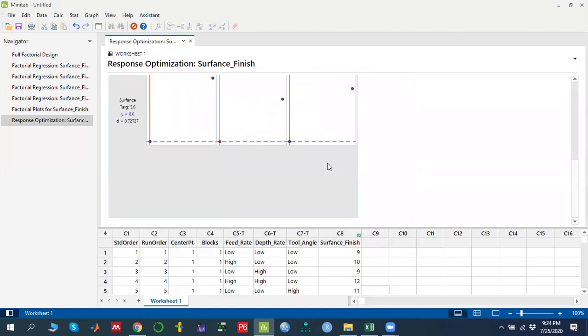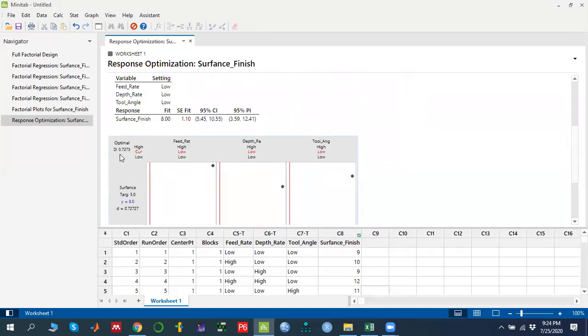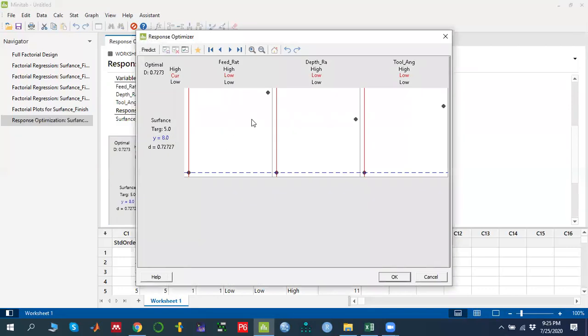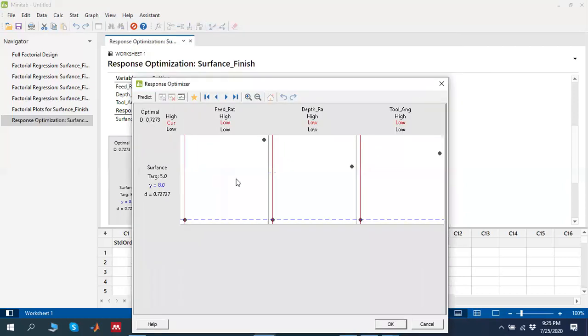They are saying that if you want to hit your target of 5, you are not able to get it with the current setting, because the optimum answer you are getting right now is 8. Your target was 5, but you cannot reduce your value from 8 downward, because if you change your setting from low to high, you can see that your y is increasing instead of decreasing.